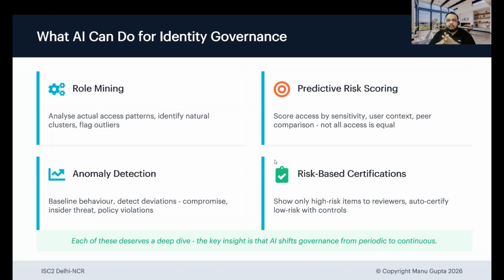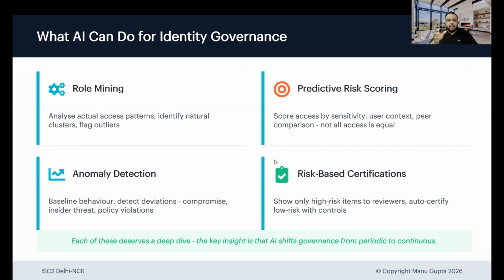This is a game changer for at least Indian IT companies who have large enterprises. Instead of trying to define roles manually, they can use their data to identify those access patterns using machine learning.